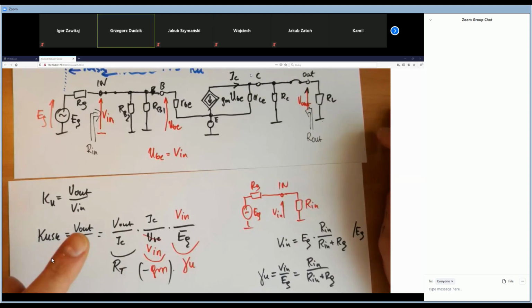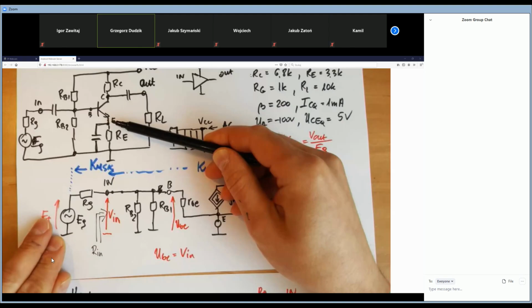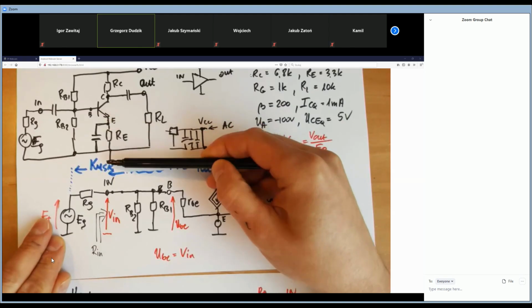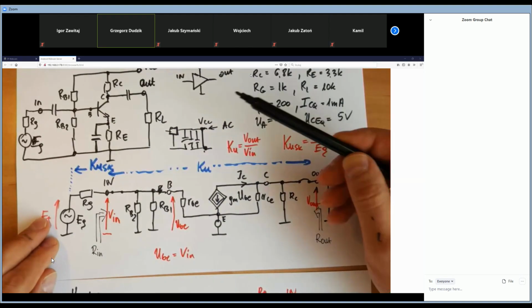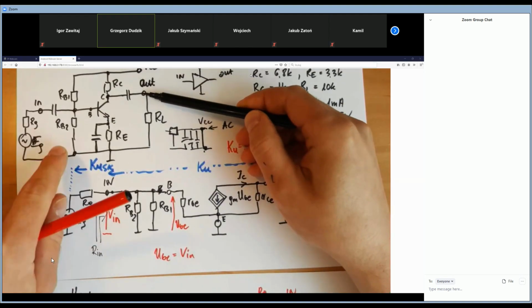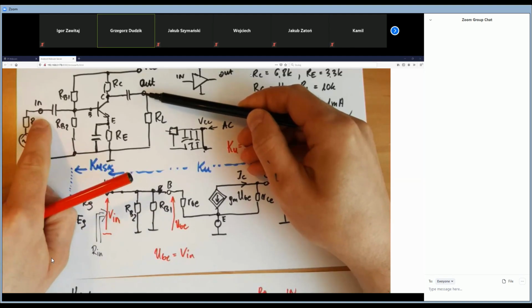So as you see, the amplifier in the common emitter configuration, where the emitter is connected to the ground, shifts the output signal phase by 180 degrees relative to the input signal.